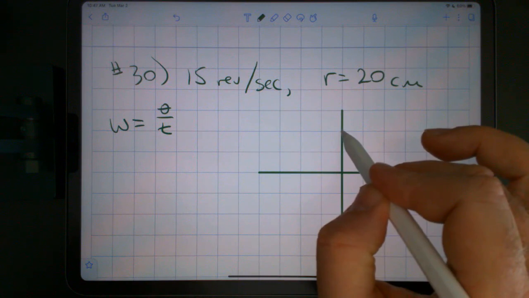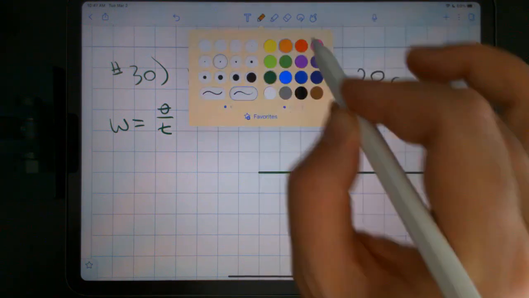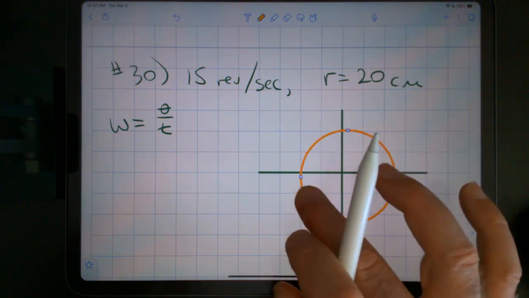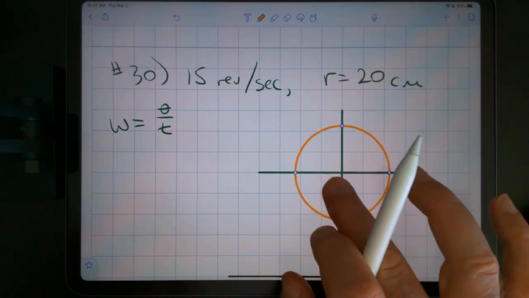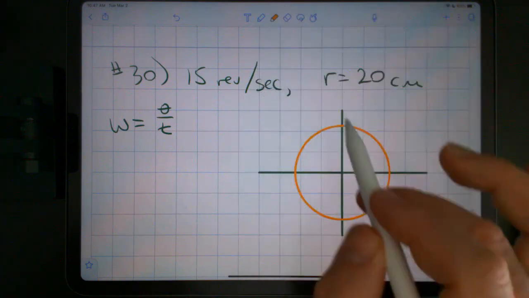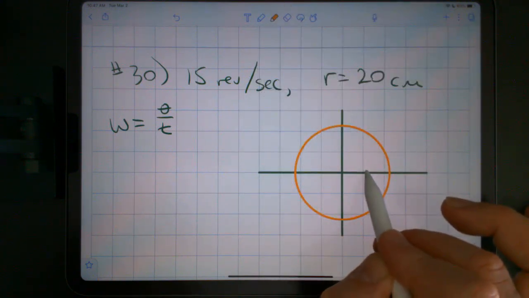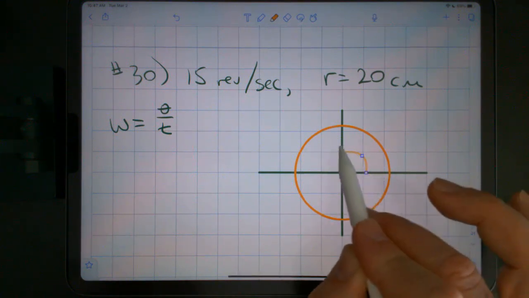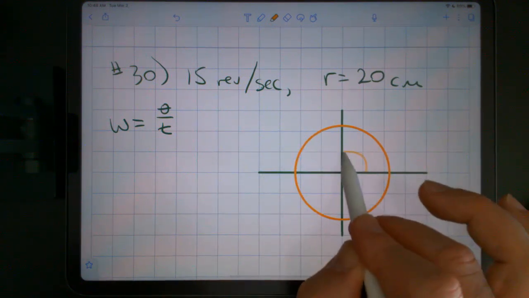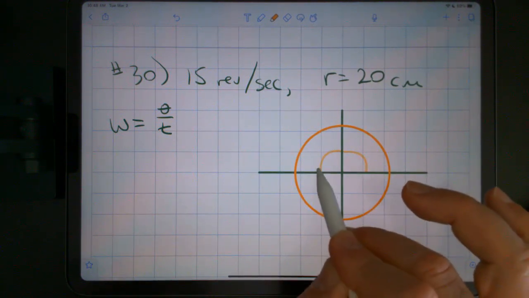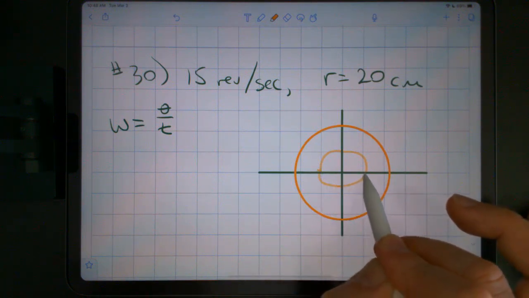So if this is our circle, and if you were to rotate this much, you have gone pi over 2 in radians. And if you've gone all the way around, you've gone pi radians, okay, 3 pi over 2 radians, 2 pi radians.